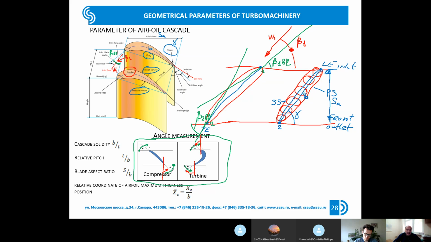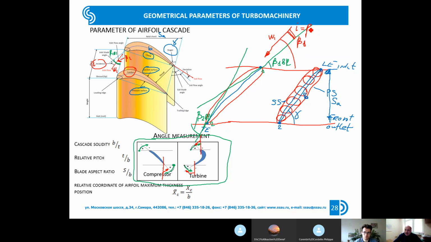But of course, in reality, especially in off-design condition, these two angles are not equal, and we have some difference between these two angles, and in our practice it's designated by the letter i, and it's called the incidence angle, this one, or angle of attack.